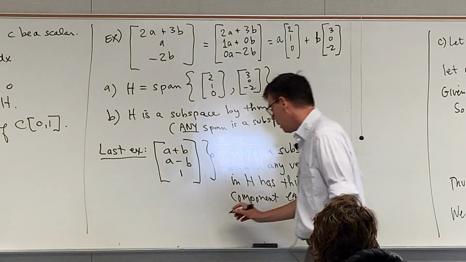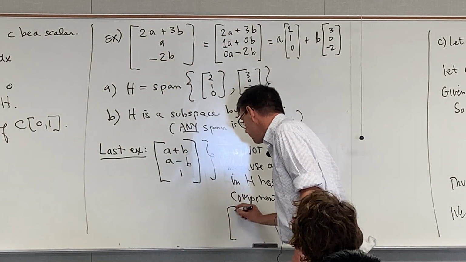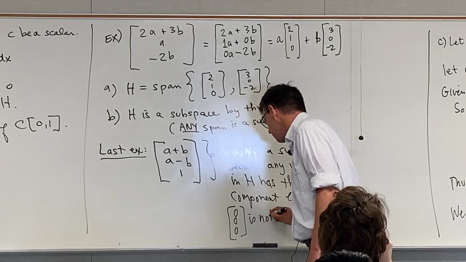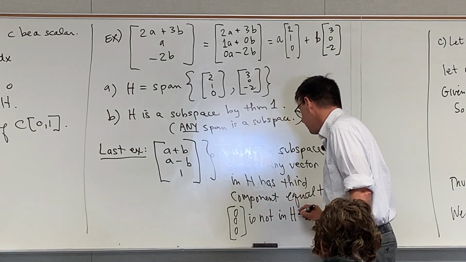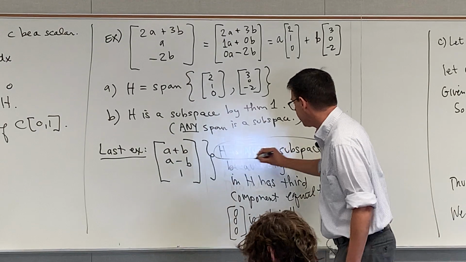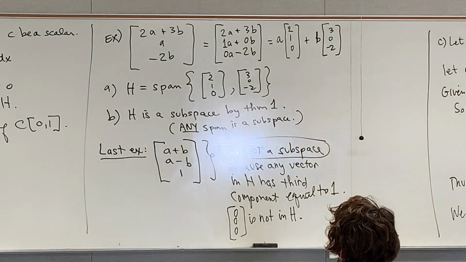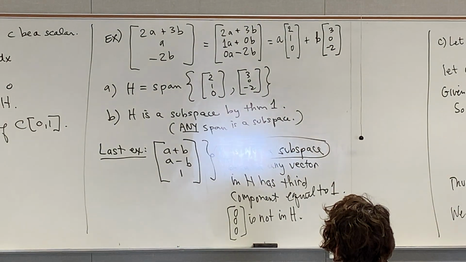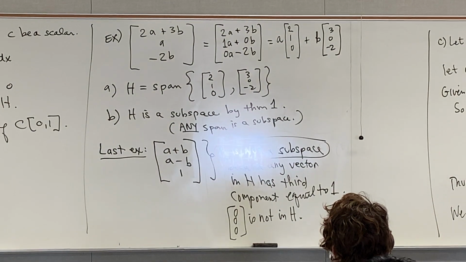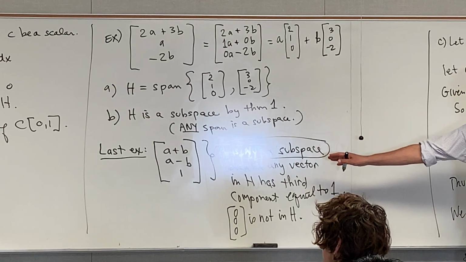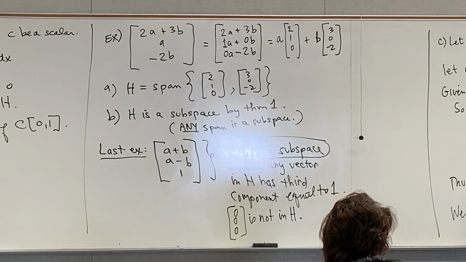What does this mean? (0, 0, 0) is not in H. That kills it. That's why H is not a subspace. If you can just see there's no way to get the zero vector in there, it's not a subspace. So don't spend a lot of work trying to show it is. Like on a test, you want to just say, oh, no way, that one's not a subspace. I'm not going to try to show it.